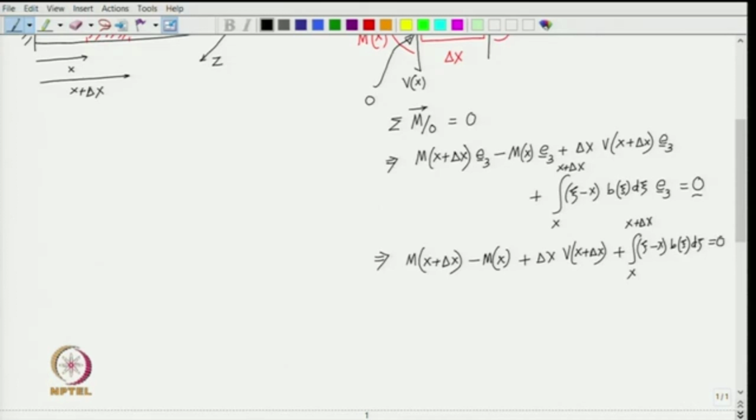Since this holds for any arbitrary section of the beam, we can divide it by the length of that section, delta x, and further take the limit as delta x goes to 0.